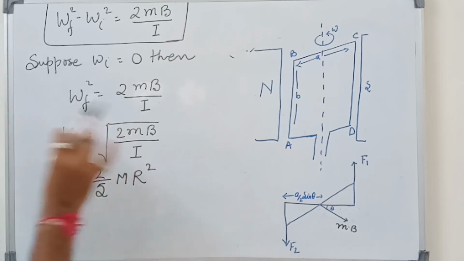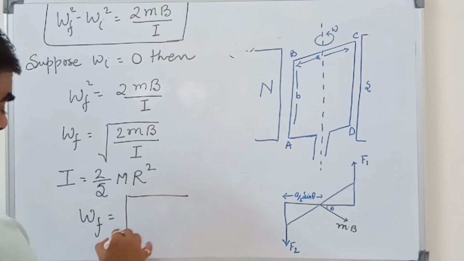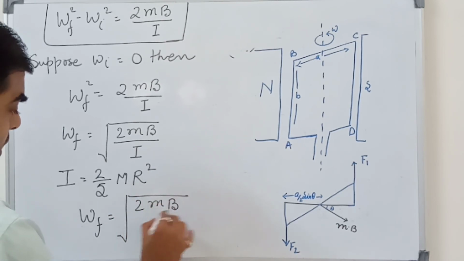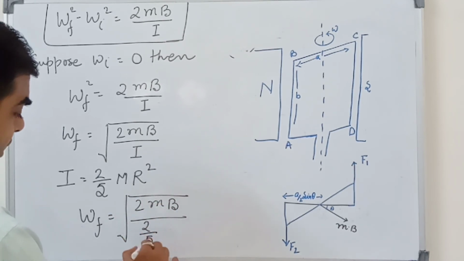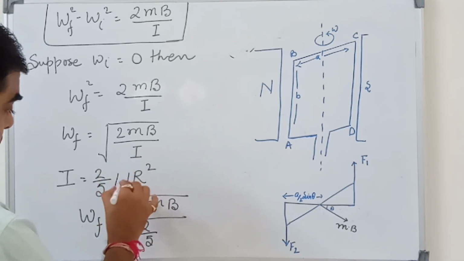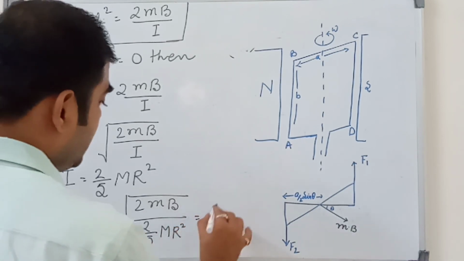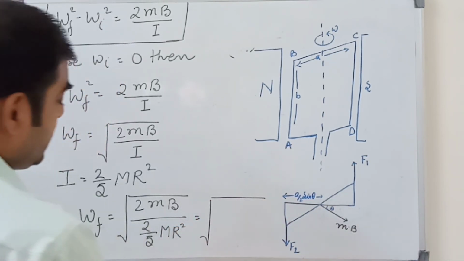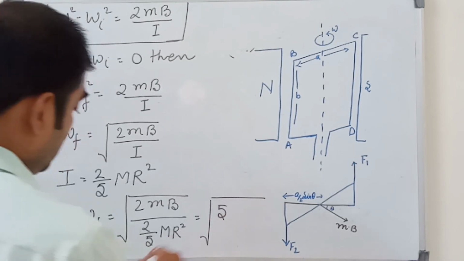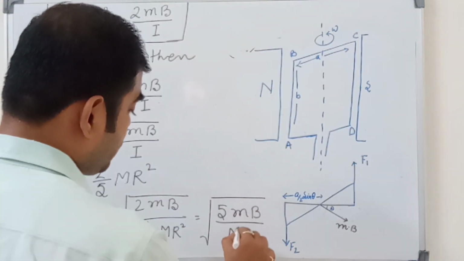Okay, it is very interesting value putting there. So angular frequency is equal to the square root of 2mB upon (2/5 mr²). So angular frequency is the square root of 5mB upon Mr².